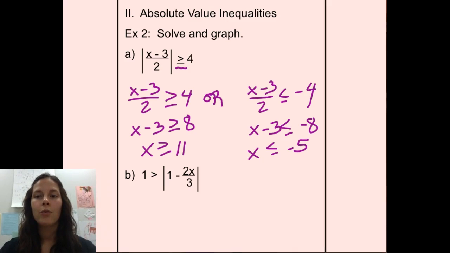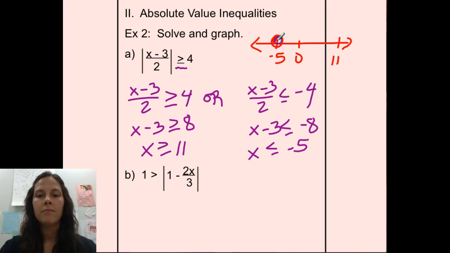Let's take a look at what an or inequality looks like on a graph. Setting up our number line, we have closed circles at both of them. X is greater than or equal to 11, so we're shading off to the right, and less than or equal to -5, so we're shading off to the left.